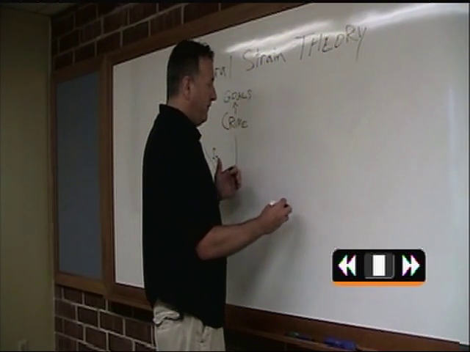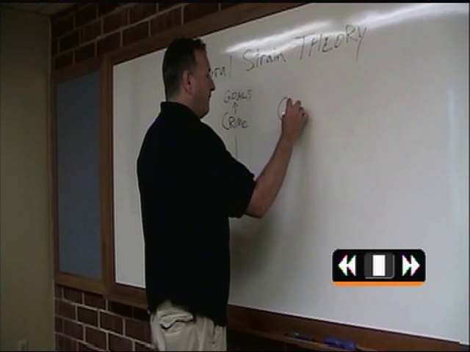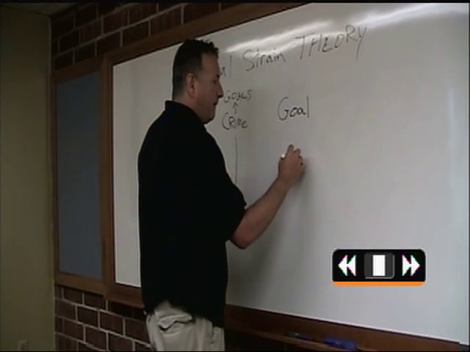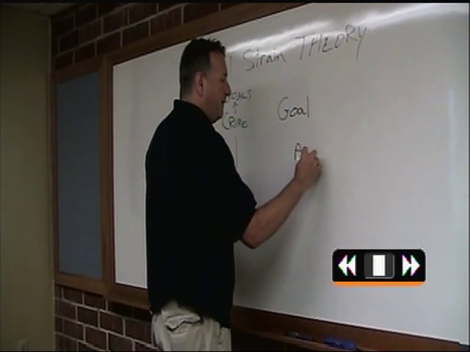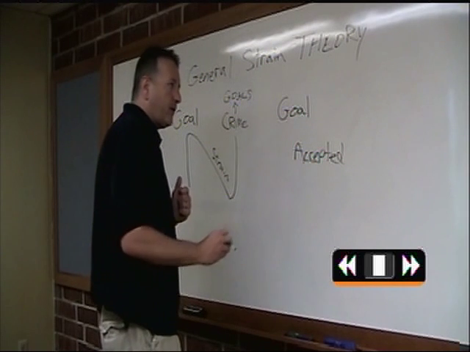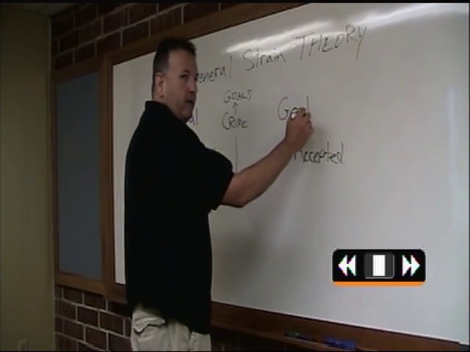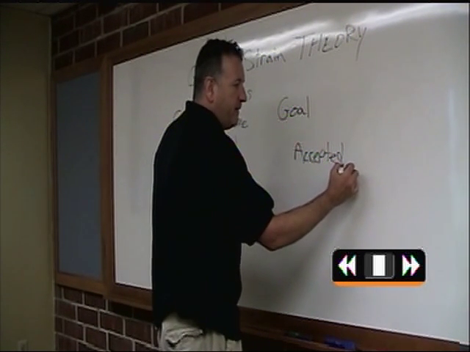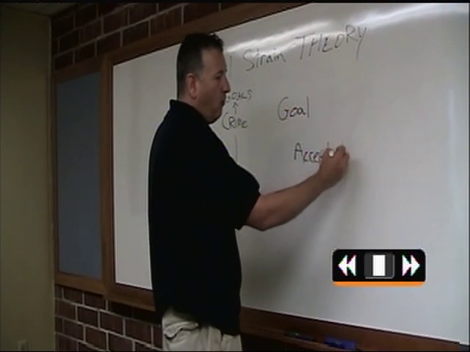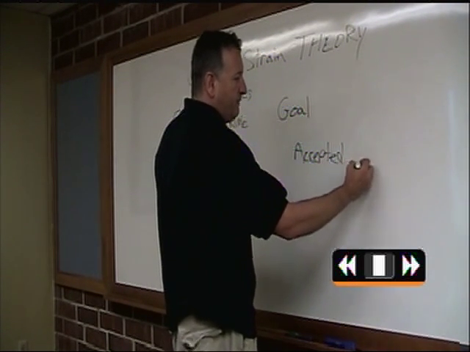With the general strain theory, there's another factor. There's goals, and then there's an accepted level of achievement. So we may want to become something, but we would accept it if we only became this, or we want to achieve this monetary goal, but we would be satisfied if we achieved this.